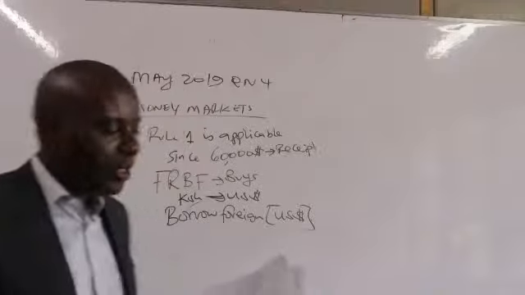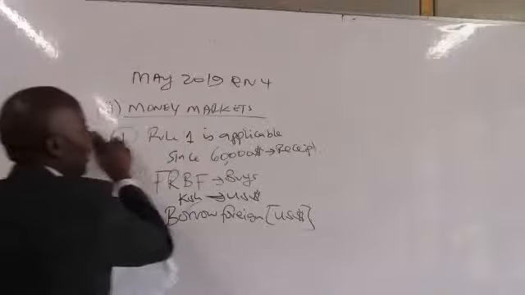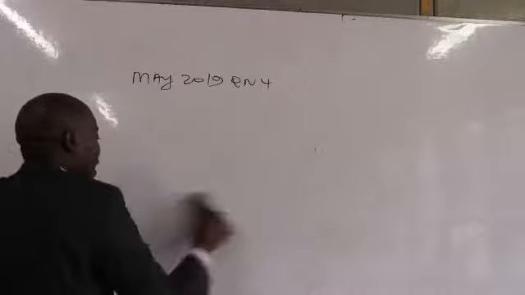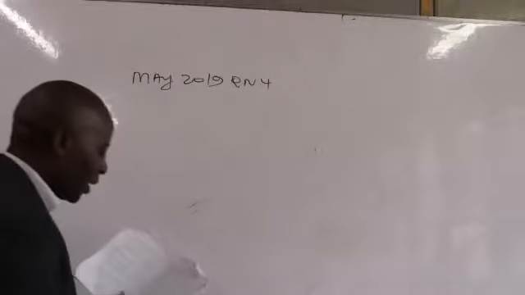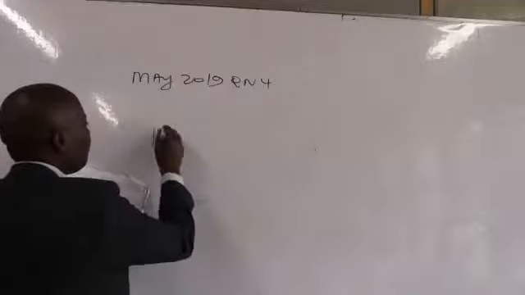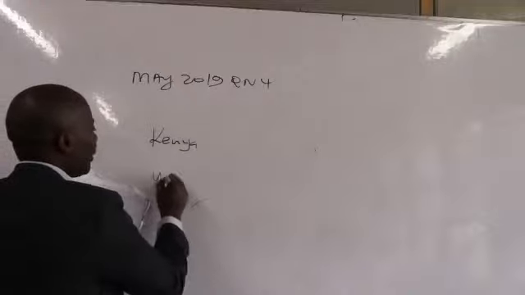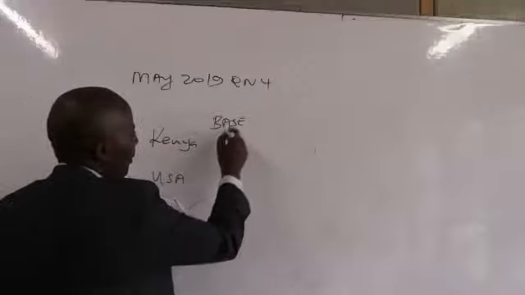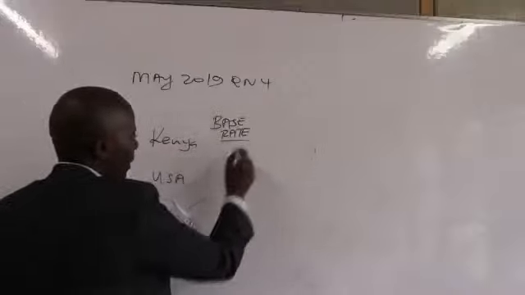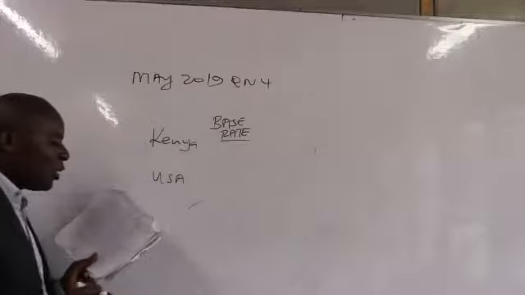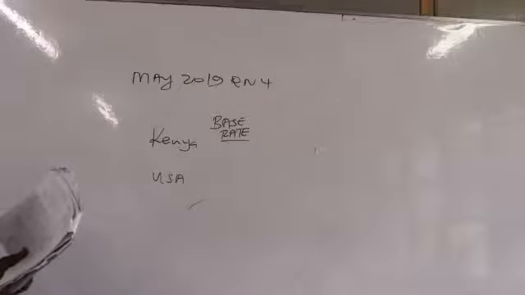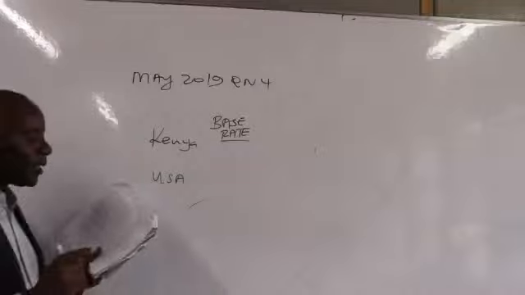Great. So ladies and gentlemen, I would want to construct my interest rates here. I'm given 2 countries, Kenya and the US. They have given me the base rate, the benchmark rate. Looking at note number 2, the bank base rates in Kenya and the US are 15% and 10% respectively.